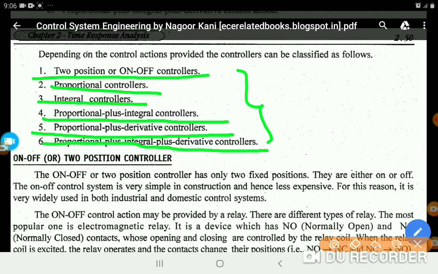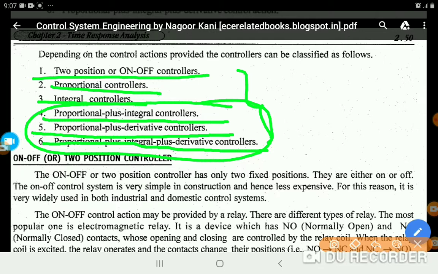As per your syllabus, you have these 3 controllers: proportional plus integral controller, proportional plus derivative controller, and proportional plus integral plus derivative controller.